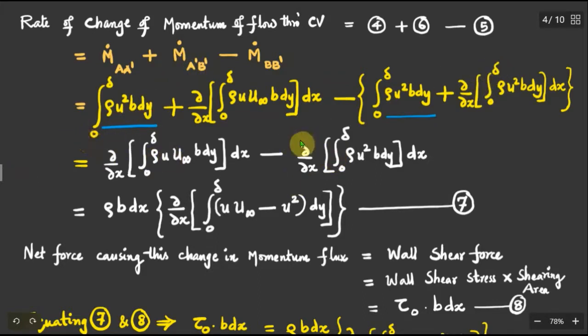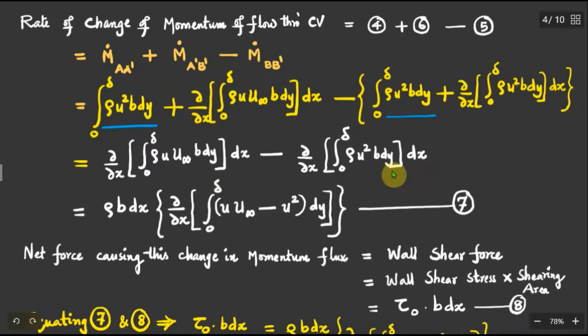What remains is the second term, dou by dou x of integral 0 to delta rho u infinity b dy into dx, minus the last term. Because of the negative sign outside the bracket, that will be minus dou by dou x of integral 0 to delta rho u square b dy into dx.